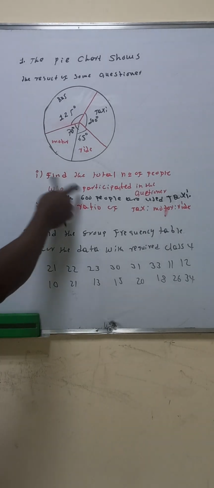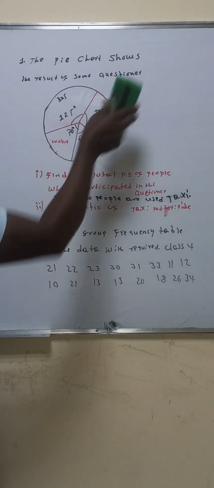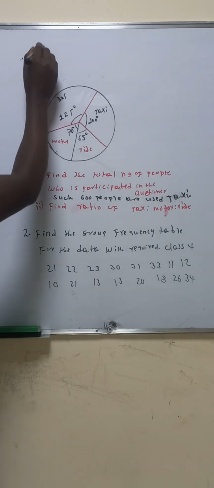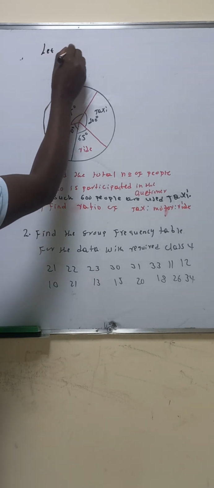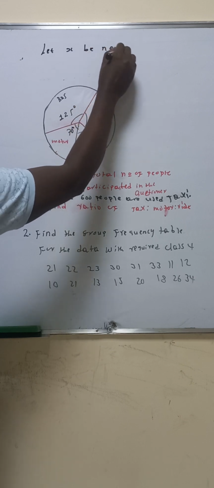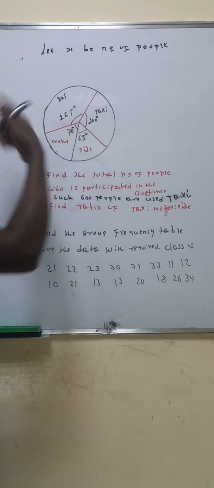For example, in this case, let me clear this part. First of all, let X be the number of people who are involved in the questionnaire.